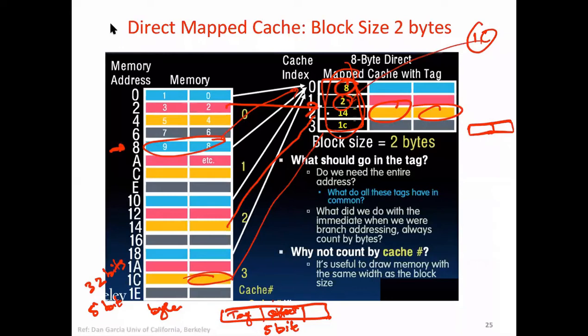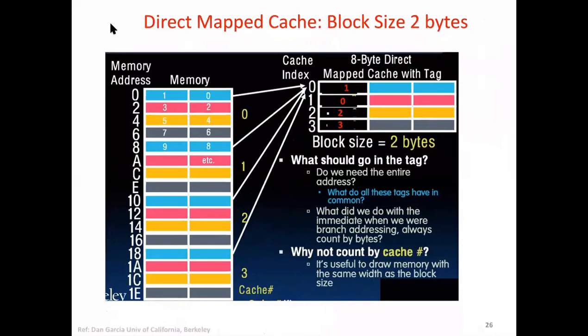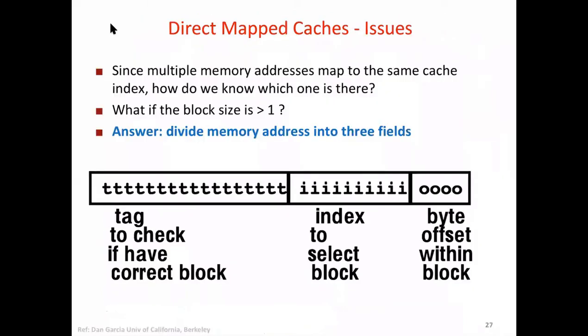Sorry, this is the index. The index means which one of these blocks, which one of these sets we are referring to, and then within that we'll have to look at which byte we want. So the point I was trying to make is that we don't need the full byte address in this location. We just need a part of that, and we'll see what the pattern is like.